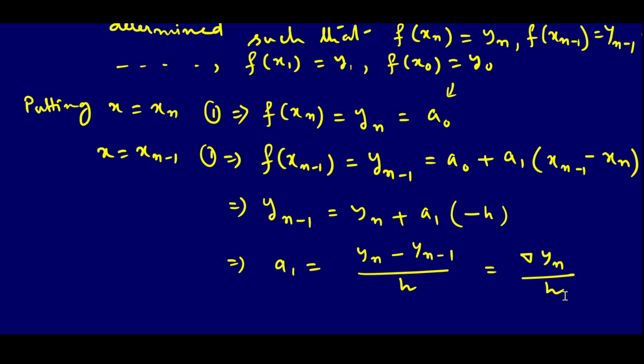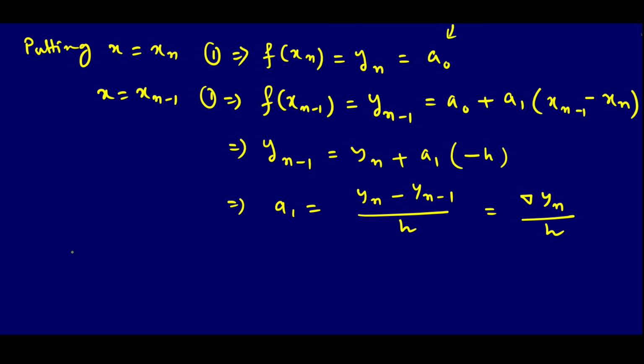Now let us find a2. For a2, you have to put x equals xn minus 2. So equation 1: left side is f of xn minus 2, or we can write yn minus 2.